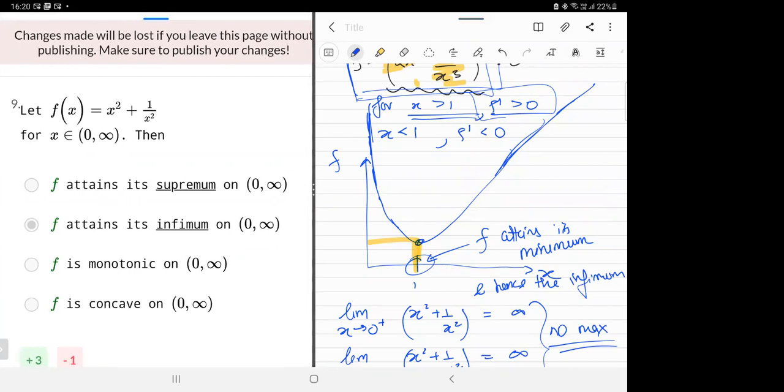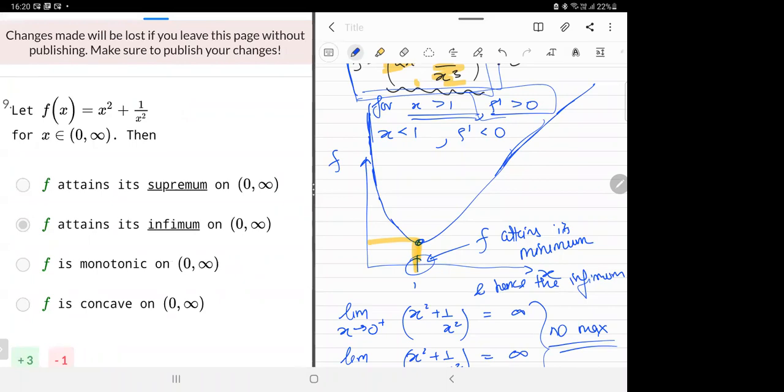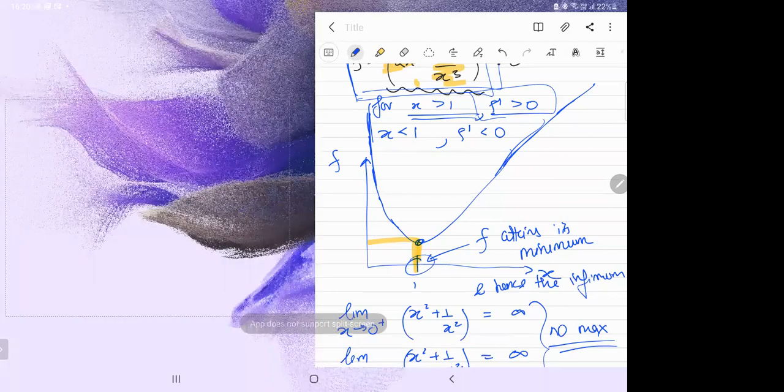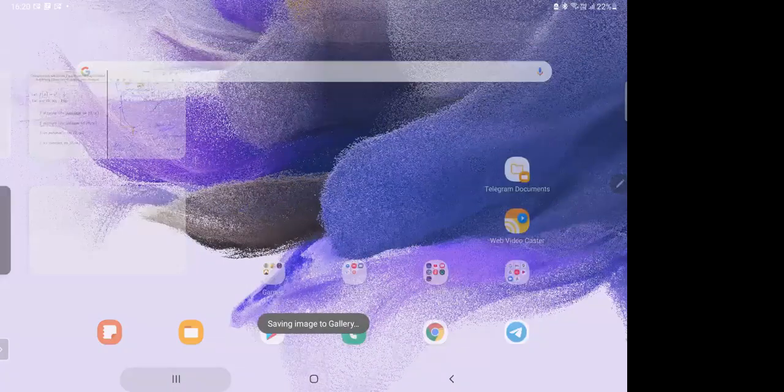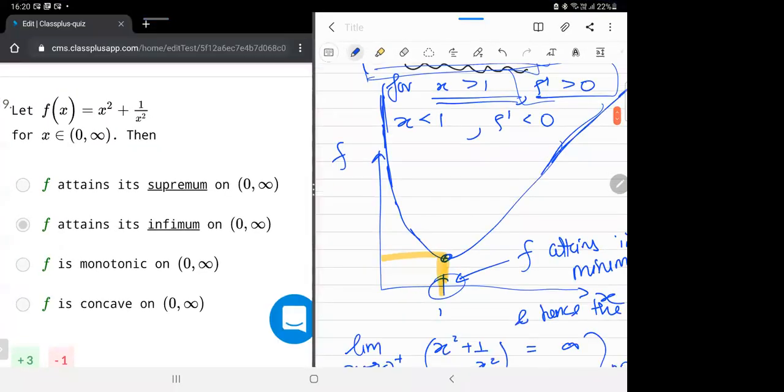Sir, in this it is given as infimum on the set 0 to infinity, but it is just an infimum at the point 1. So can it be considered an infimum on the set? No, no. This means that the infimum is achieved at some point in this set 0 to infinity.